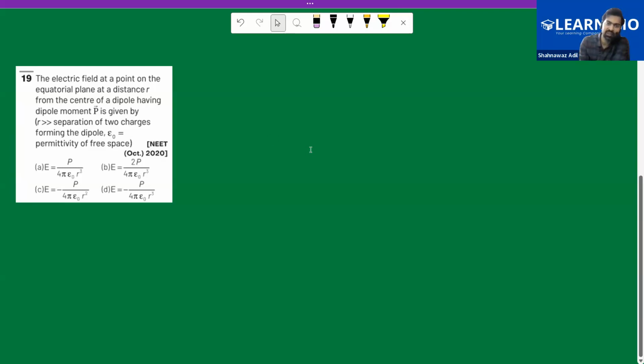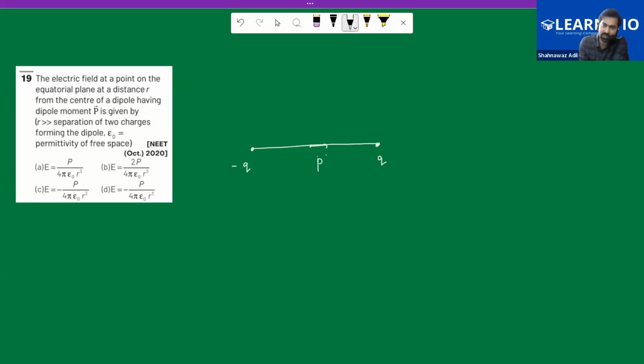So you have a dipole, minus q and then plus q. The dipole moment is in this direction, p vector, and we want to find the electric field at distance r. This is r distance, so we want to find the electric field at this point, right?